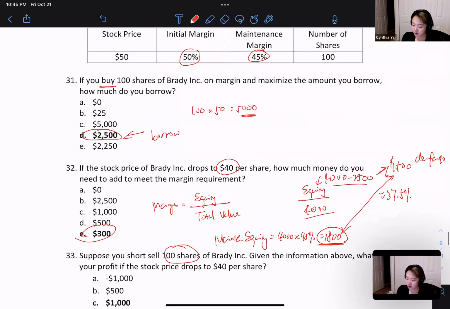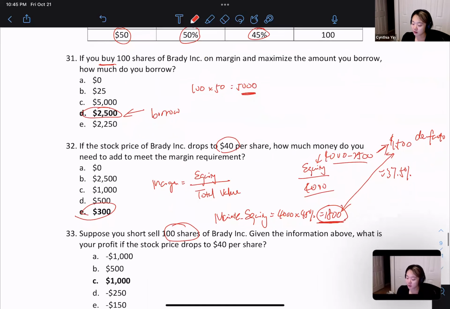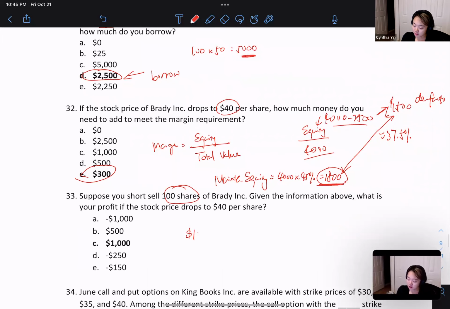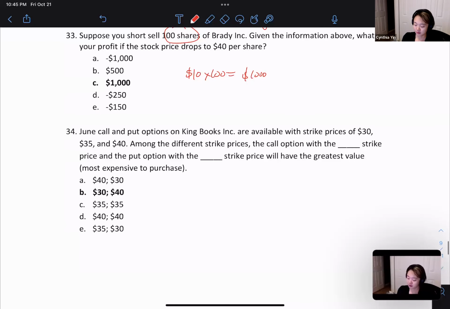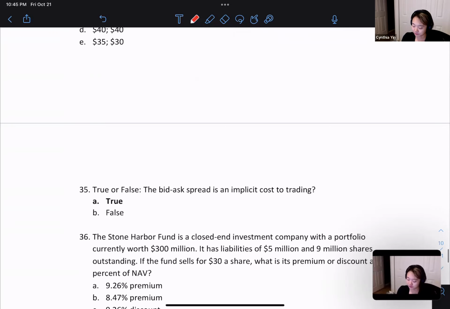Originally you sell at $50, and when you're short selling and the price goes down, you're actually making profit. Because it goes down $10 per share, you're making $10 profit per share. And because there are 100 shares, you're making $1,000. This is a simple one. And 34 is about options, so let's skip this one.